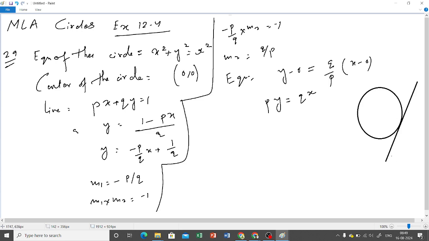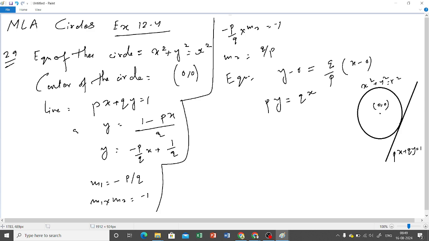Okay, I mean this is the tangent. So what is the tangent? The tangent is px plus qy is equal to 1 and the center is 0 comma 0. This is x square plus y square is equal to r square.